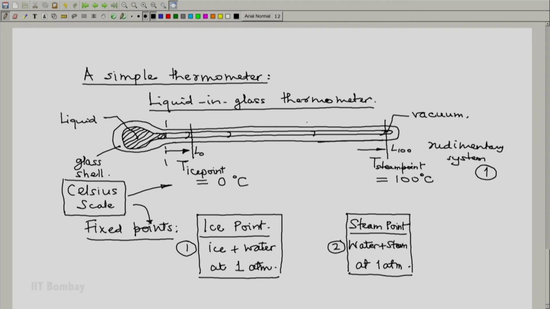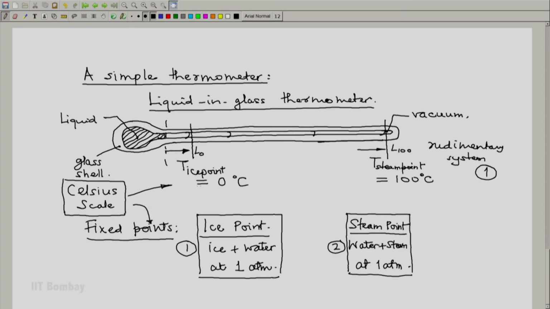If it is not mercury and if I am not going to be very aggressive, I can put that bulb in my mouth or put it under my armpit or tape it to my chest, bring it in thermal contact, sit tight till thermal equilibrium is reached. That means the mercury or the liquid thread which was somewhere in the capillary will finally find a position such that the temperature of the thermometer and the temperature of my body would be the same. The thermometer and myself would be a pair of isothermal states.